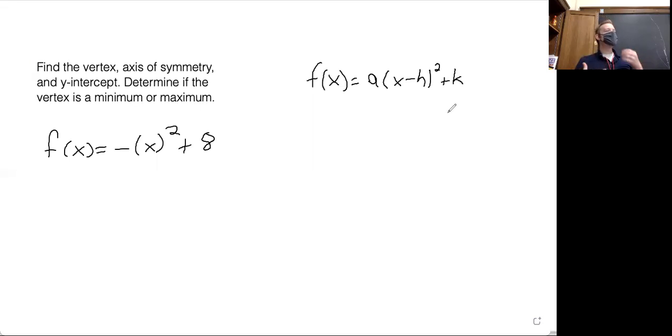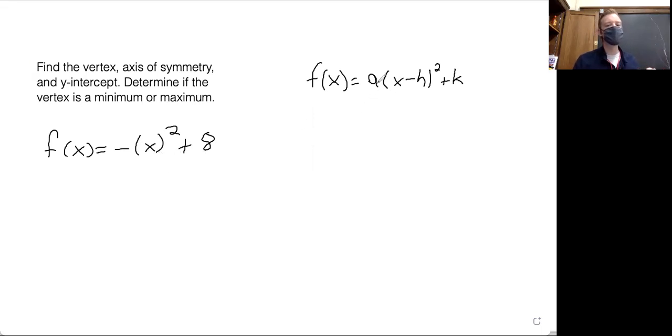So for this problem, because I'm missing some numbers, I want to explicitly identify what A, H, and K are. Because I don't see numbers in every place, I want to say what A, H, and K are before I get started with things.